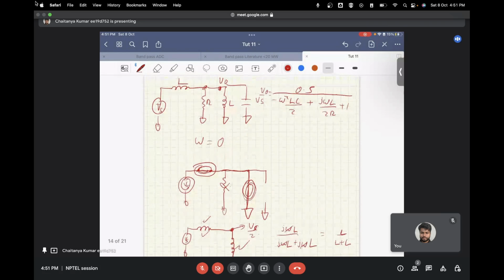So with this, you can say that this 0.5 makes sense, because from there also you get the value of V naught by Vs as 0.5. You must keep in mind that while making these approximations of short circuit inductance and open circuit capacitance, you are not violating the basic KCL and KVL laws. And if you see that this is happening, then you must see what mistake you are making.